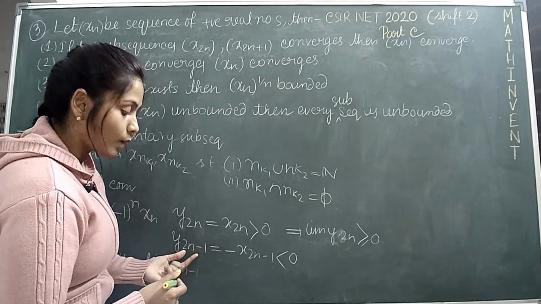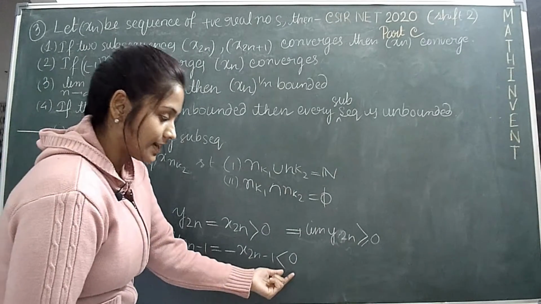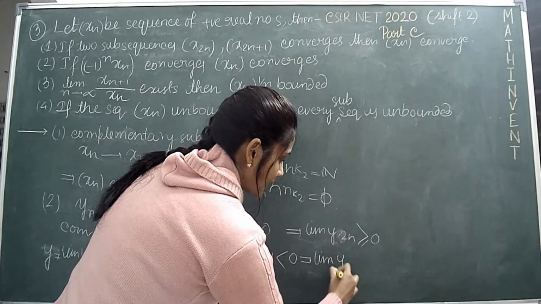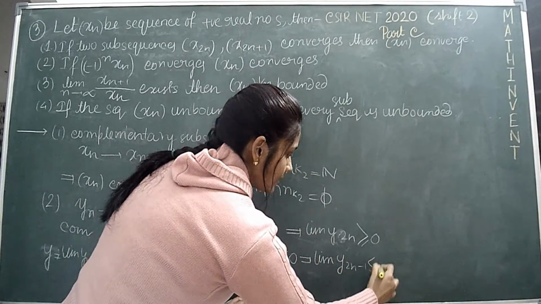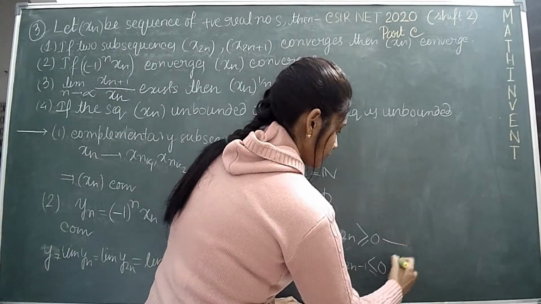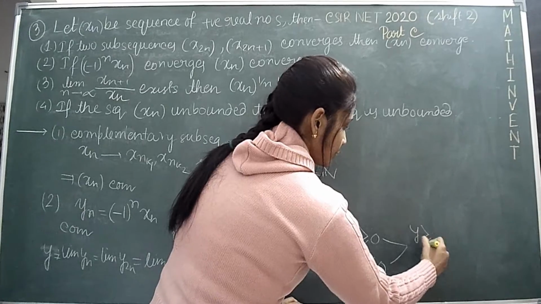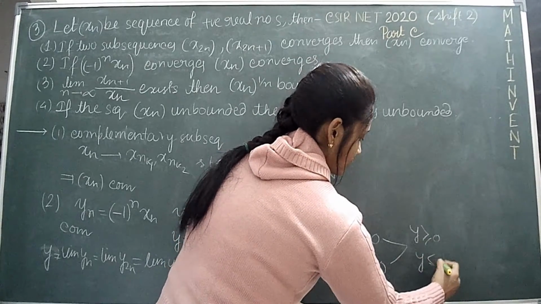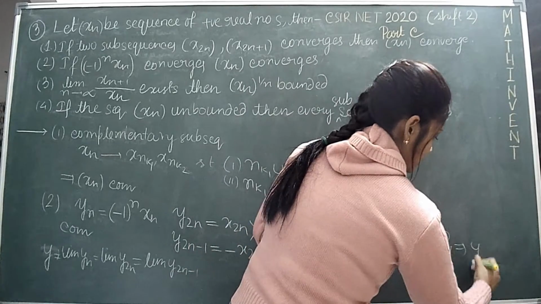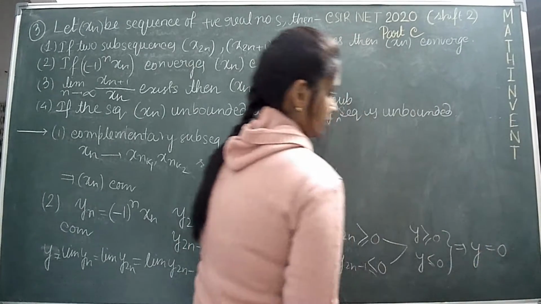And since y2n minus 1 is less than 0, limit y2n minus 1 should be less than or equal to 0. From these two we have y greater than or equal to 0, y less than or equal to 0. This implies y should be equal to 0.